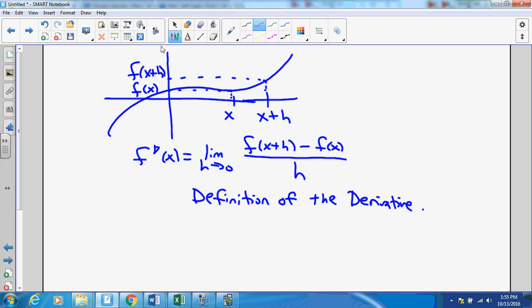And the way that we're going to do that is by relabeling the points here. I'm going to relabel this point x to be the point C, and C will be the point of tangency. And so I'm going to construct an expression for f prime of C at the point of tangency C. And I'm going to relabel the point x plus h as the point x.